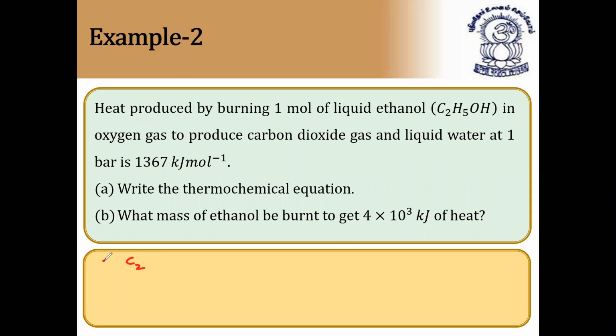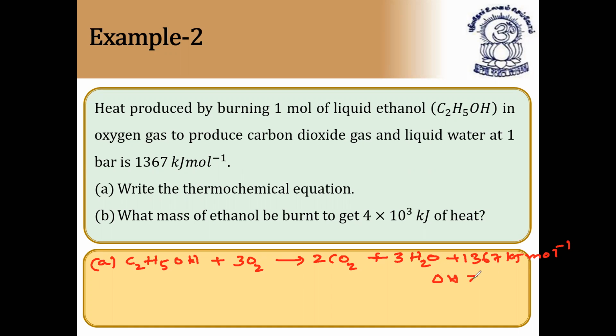So the answer is C2H5OH plus 3 moles of oxygen giving rise to 2 moles of carbon dioxide plus 3 moles of water, and delta H is 1367 kilojoules per mole. This is the thermochemical equation. Or you can say delta H degree is equal to minus 1367 kilojoules per mole.